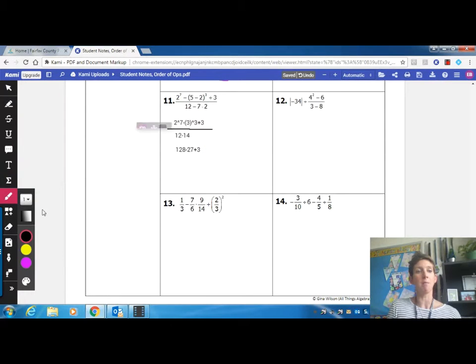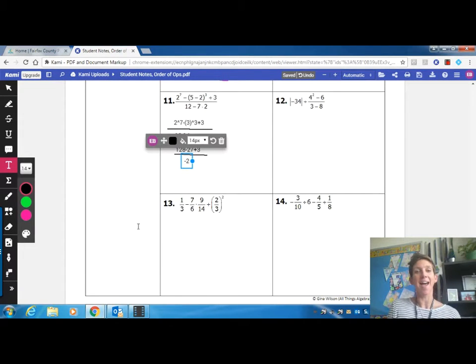I'm going to draw my fraction bar in again, and look at my denominator, and 12 minus 14 is negative 2. And now I can further simplify the numerator. It looks like we need to subtract and then add left to right.